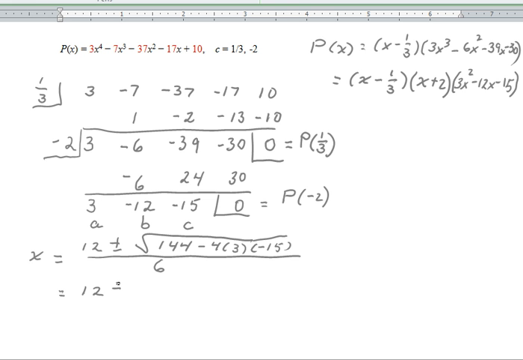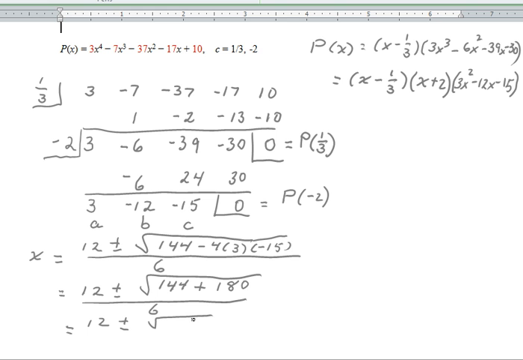So this is 12 plus or minus the square root of 144 plus 4 times 45, which is 180, all over 6, which is 12 plus or minus the square root of 324, all over 6.